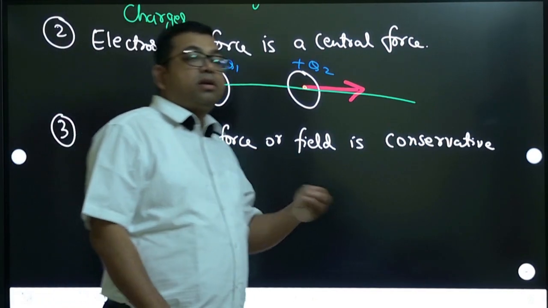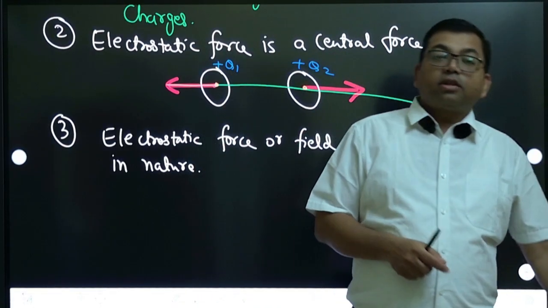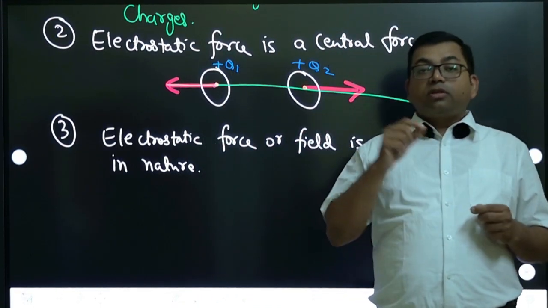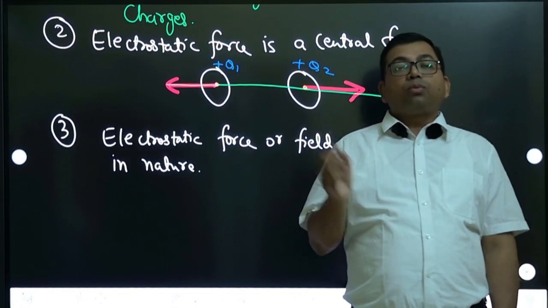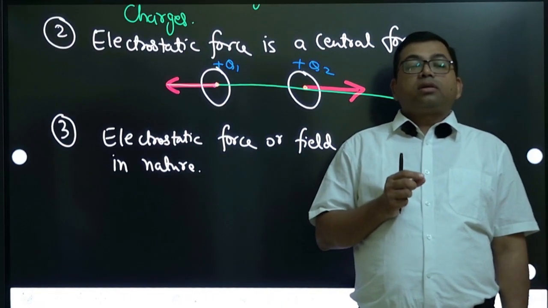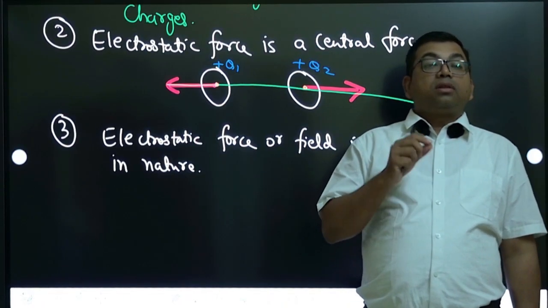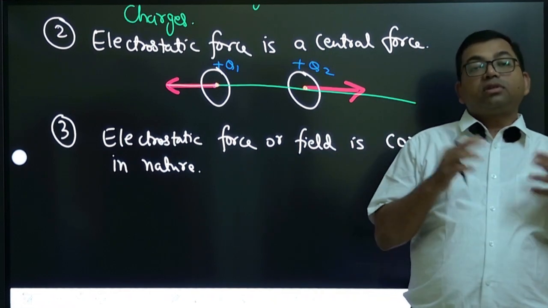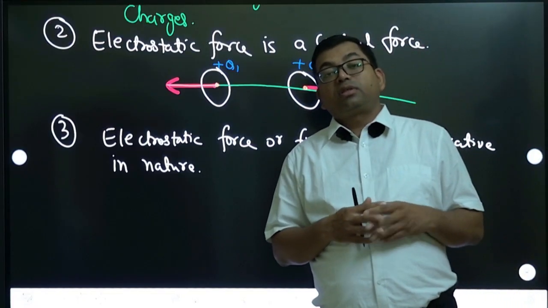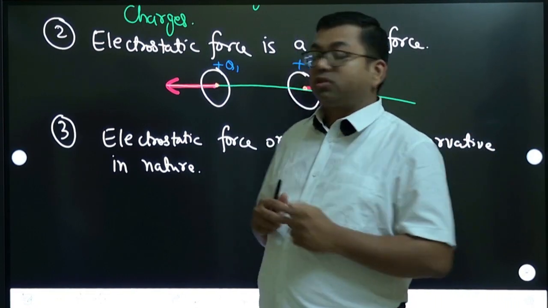Conservative means work done by electrostatic force is going to be zero in a circular loop or any loop. So if you take a charge and move it in a loop, loop means closed path, and you come to the same point, then the work done is going to be zero. So this we have studied in work, power, energy in grade 11, conservative forces.